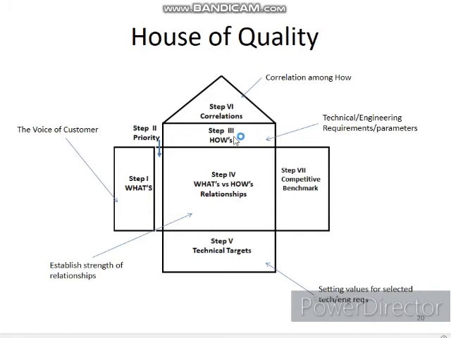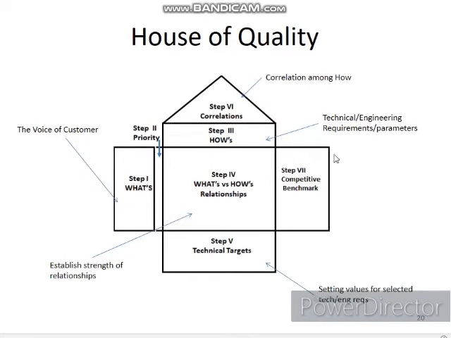And lastly, you can look at the competitive benchmark. This compares your product's ability to meet the customer requirements with your competitors' ability to meet those same requirements.